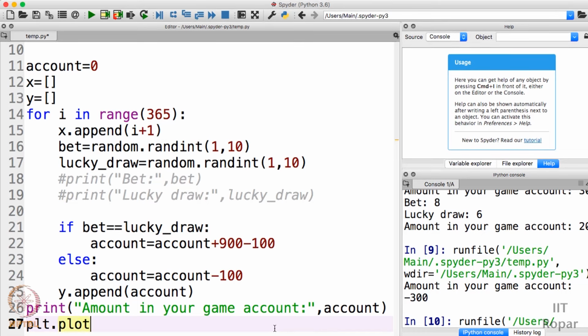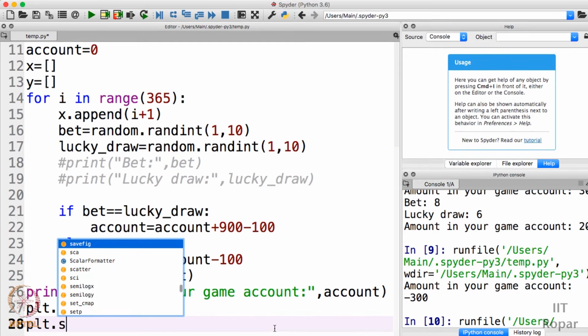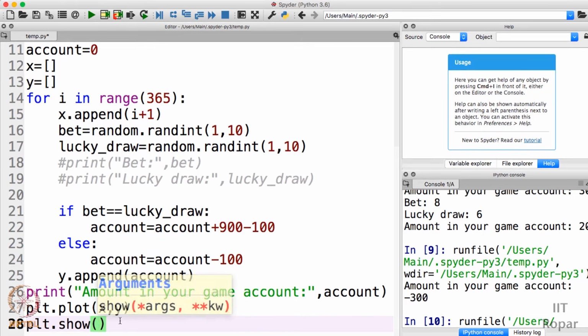This is the function. To plot it, I can say x and y. I want to plot these two things, and I want to show the plot. So I'll say plt.show. It will plot the values with the days in the x-axis and the amount in the y-axis, and it will generate a plot and show it to us. So this is what these two lines are doing.